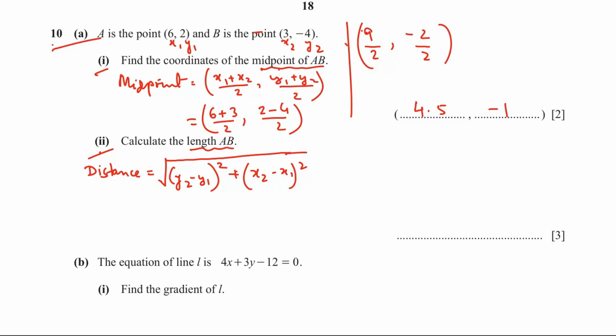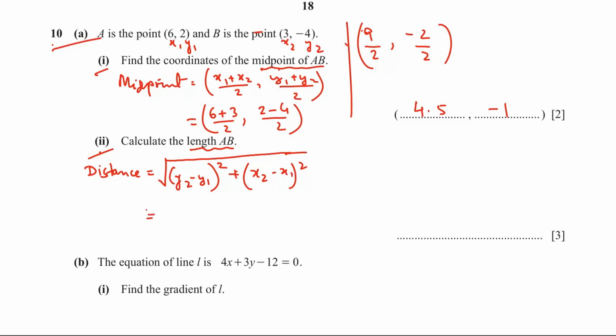What we are doing here is finding the difference in y coordinates and squaring it, then the difference in x coordinates and squaring it, and finally taking the square root of that.